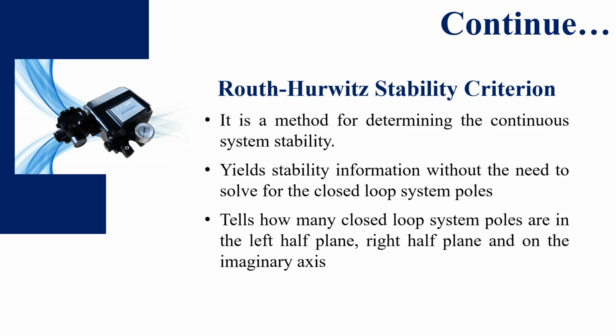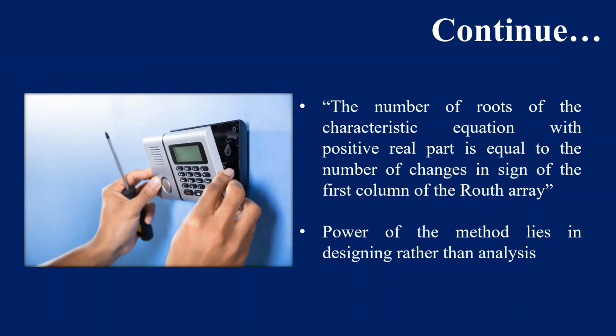We can find the number of poles in each section of the S-plane, but we cannot find their coordinates. This method is called the Routh Hurwitz criteria for stability. Routh Hurwitz criteria states that the number of roots of characteristic equation with positive real part is equal to the number of changes in sign of the first column of the Routh array.